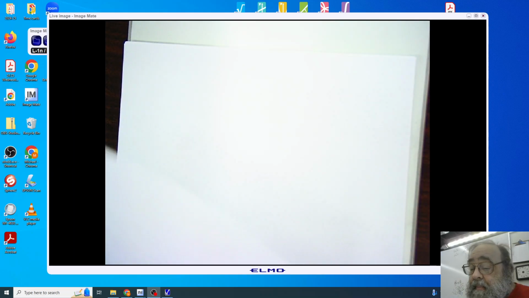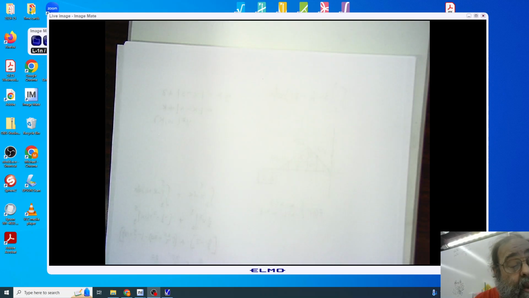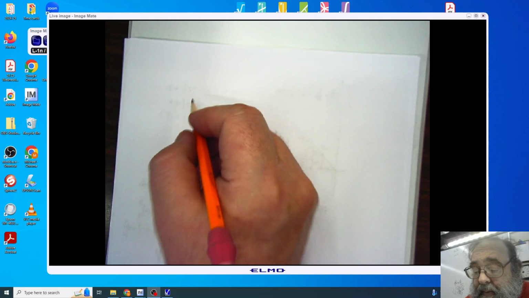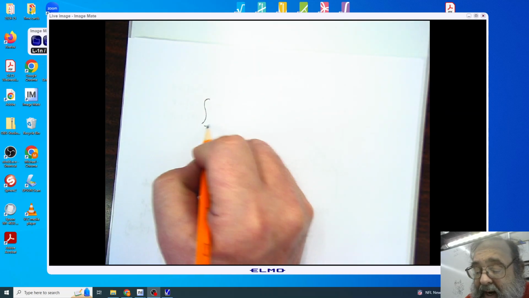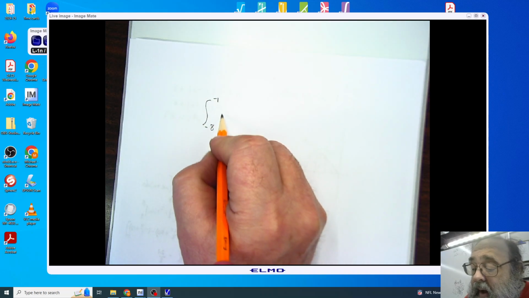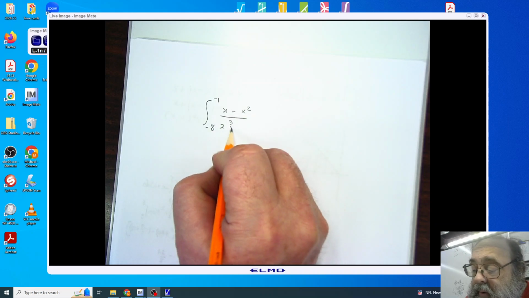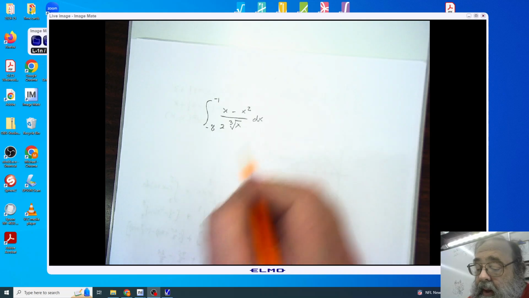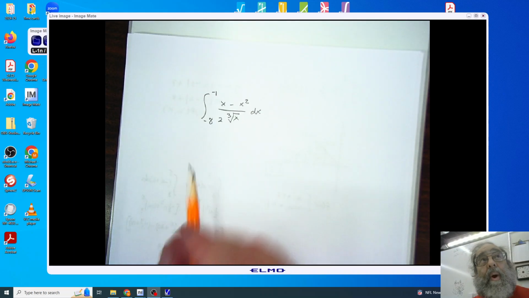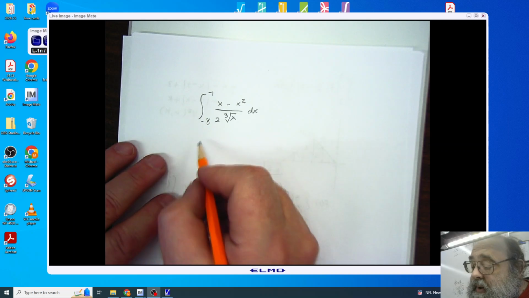This brings us to number 6. Number 6, if you recall, gave us this fraction. So we had the integral from negative 8 to negative 1 of x minus x squared all over 2 times the cube root of x dx. And what we want to do is separate this into 2 separate terms.